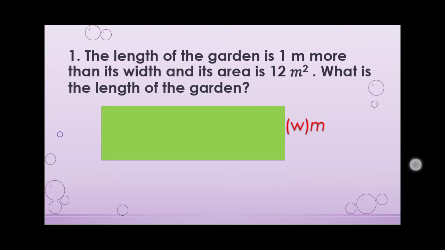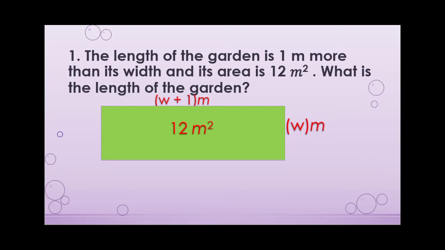So, the length now is W plus 1. And again, M here is the unit, which is meter. And the area of this garden is also given, and it is 12 square meters.